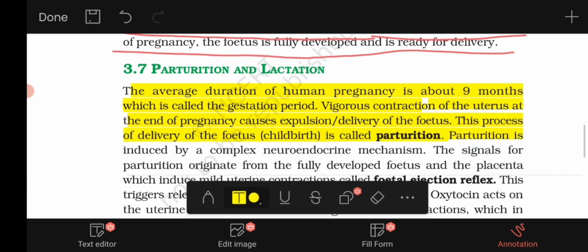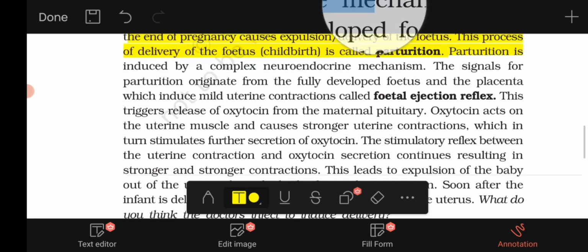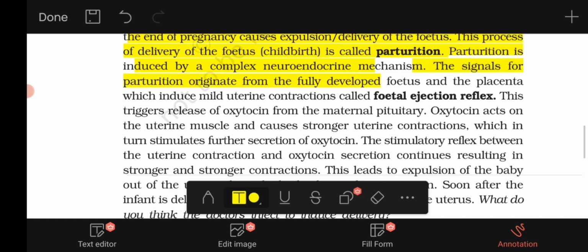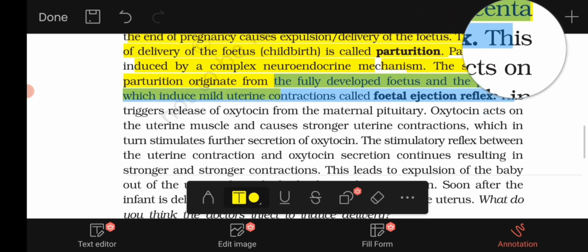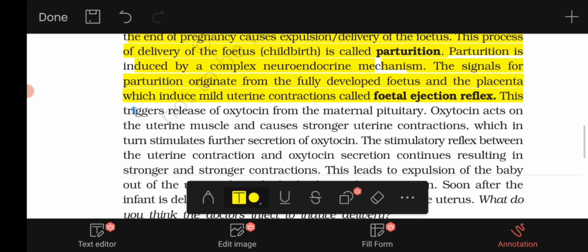Parturition is induced by a complex neuroendocrine mechanism. The signals for parturition originate from the fully developed fetus and the placenta, which induce mild uterine contractions called the fetal ejection reflex, and this triggers the release of oxytocin from the maternal posterior pituitary or neurohypophysis, which is under direct control of the hypothalamus.